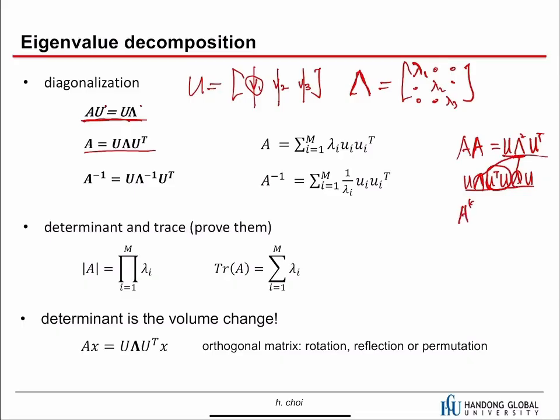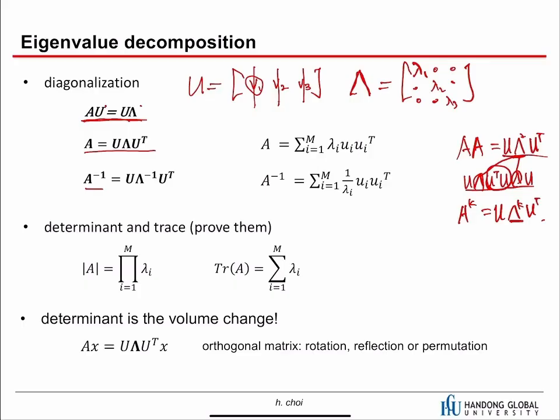What about A to the power of K? It is U times lambda to the power of K times U transpose. So calculating the power of A is really simple. When we calculate the inverse of A, it is also simple.